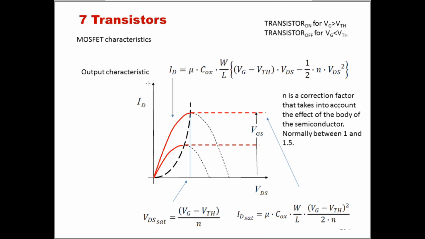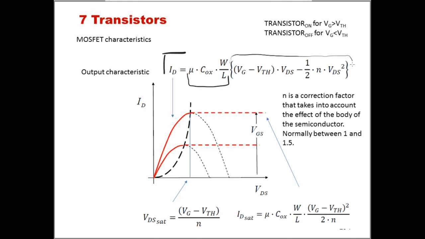And we can demonstrate that the output characteristic of a transistor is given by this relation here. As you can see, these are the terms that we've already identified as terms that should be in the position they are, numerator and denominator: Cox W at the numerator and L, the channel length, at the denominator. And then here the term depending on the voltages VDS and VG, and the threshold as well.